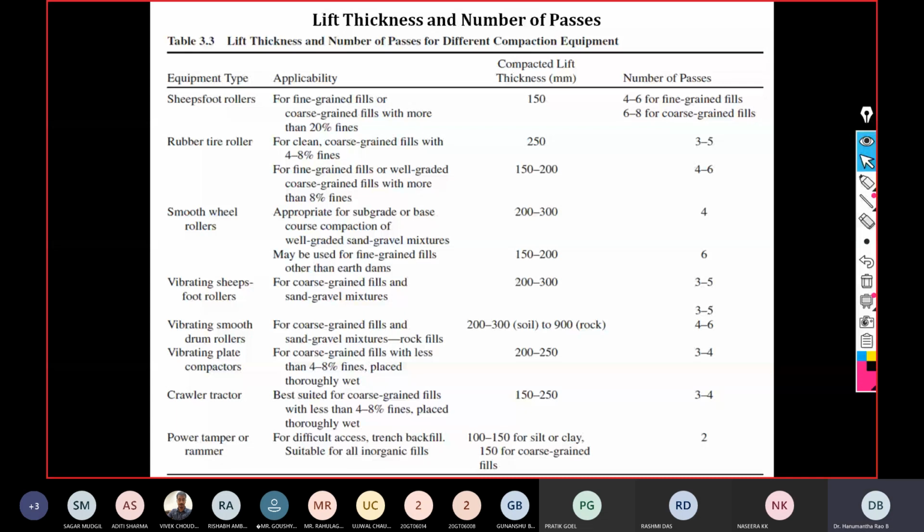It can be observed that if the percentage fraction of fine particles is higher, the number of passes increases, while in case of the coarse grained soils, relatively fewer passes are required. So these are a few observations that one can notice from this slide.